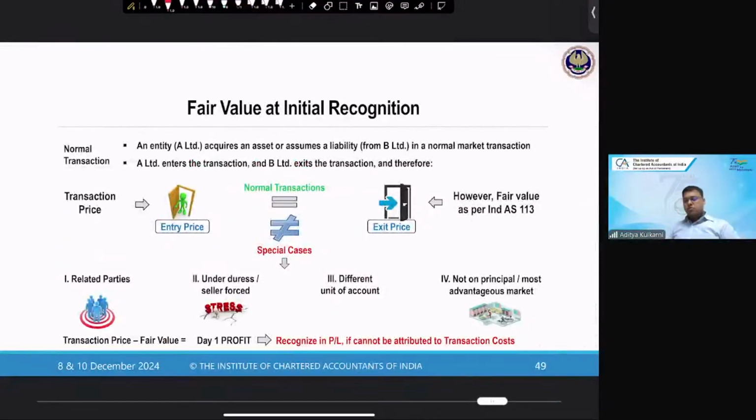So now we move on to the next one. Try to remember when, on the first day, we saw the discussion of fair value, the definition of fair value.